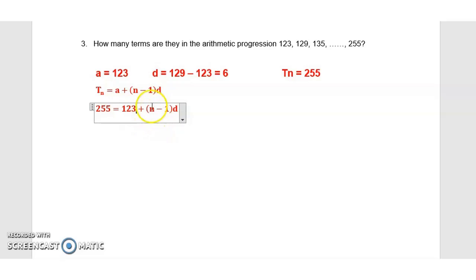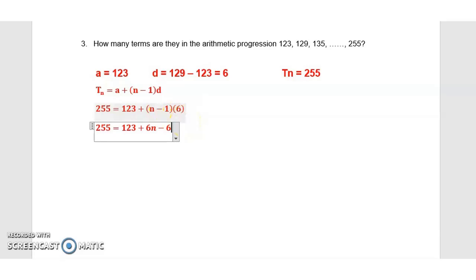Now we want to find the value n, and then multiply by the common difference. Here the common difference is 6. Expand this part: n times 6, 6n, minus 1 times 6, equal to 6.